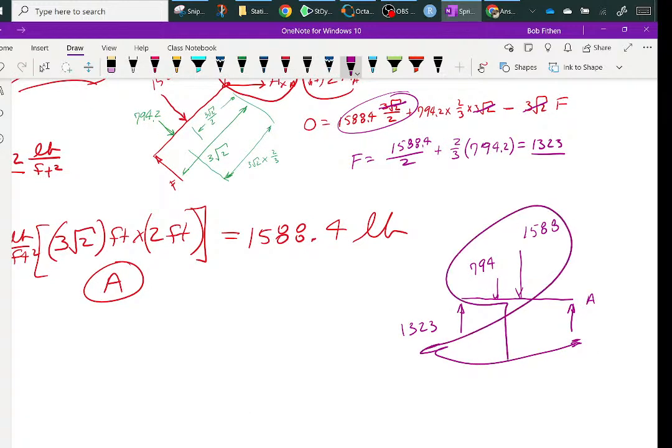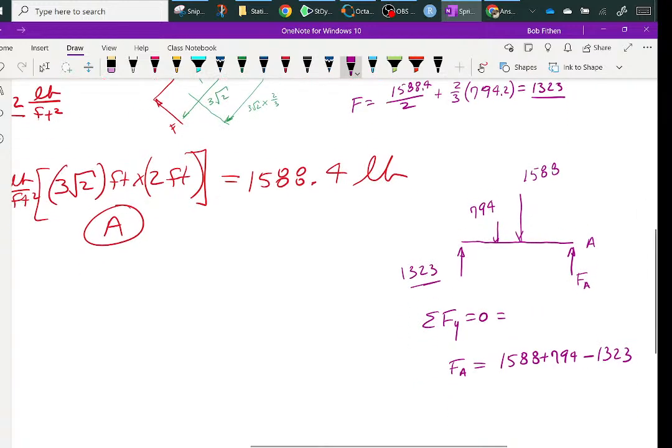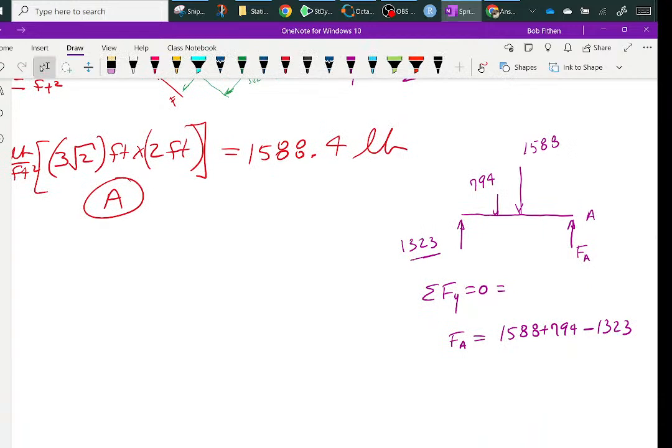That makes sense to you? So now I've rotated my thing, and so now I'm going to say sum of the forces in the y equals 0. And that'll give me FA. FA is equal to 1588 plus 794 minus the 1323. So I completely found the wrong thing.